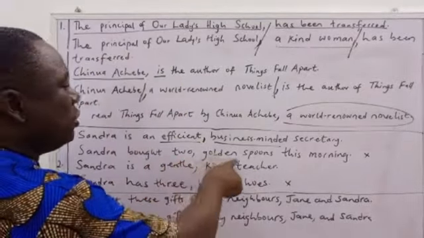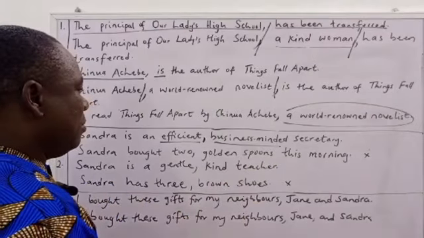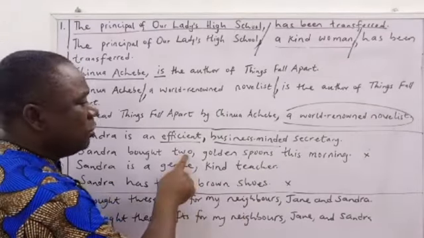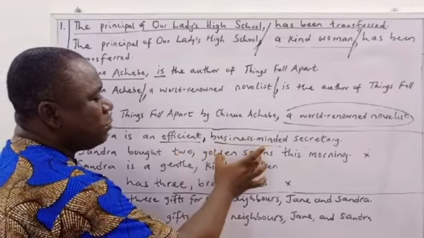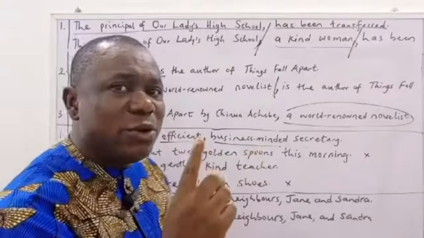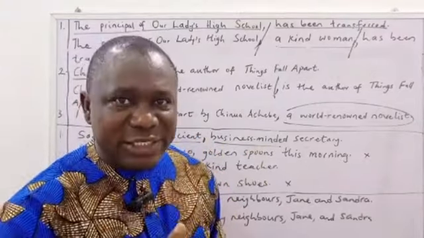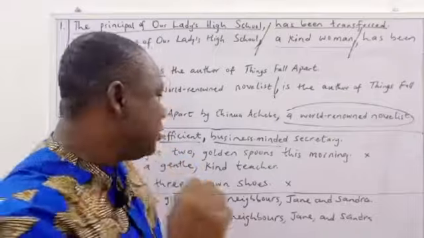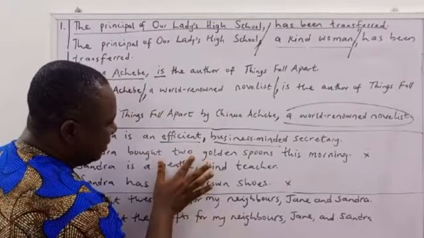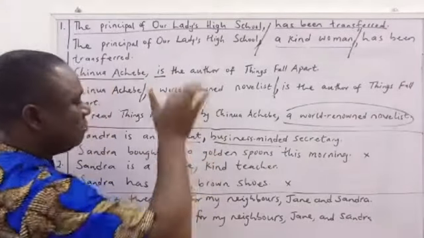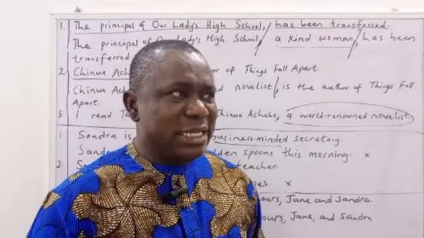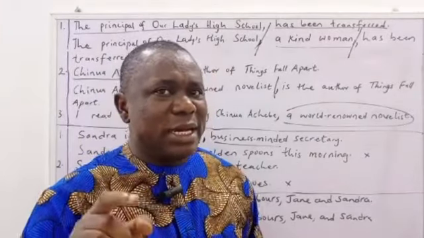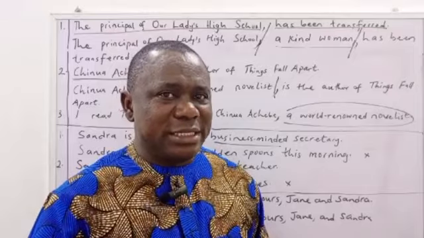Sandra bought 2 golden spoons this morning. 2 and golden are modifying spoons, but they are not coordinate adjectives. So it is incorrect to put a comma here. Now the question that you might be asking now is, what are coordinate adjectives?